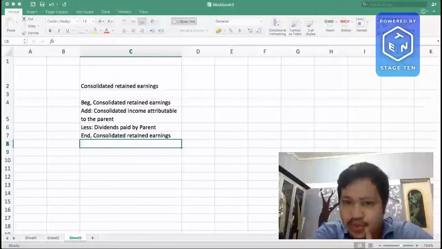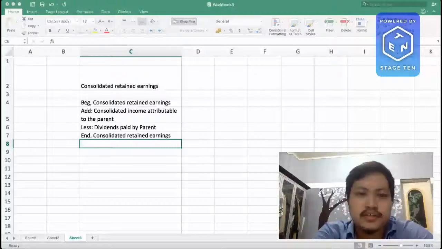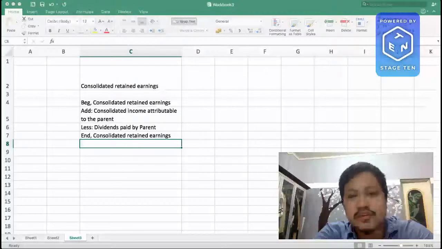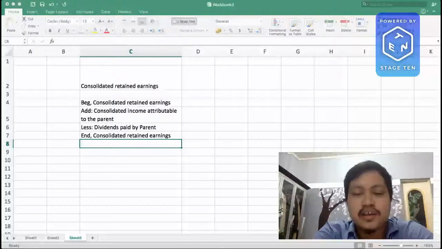The answer to those questions, class, is that the full operations of the subsidiary will be reflected in the consolidated financial statements. It's just that it will be split in multiple accounts. As to the share of the parent, it goes to the retained earnings of the consolidated entity. As to the share of the minority interest, the non-controlling interest, it will go to your NCI account.